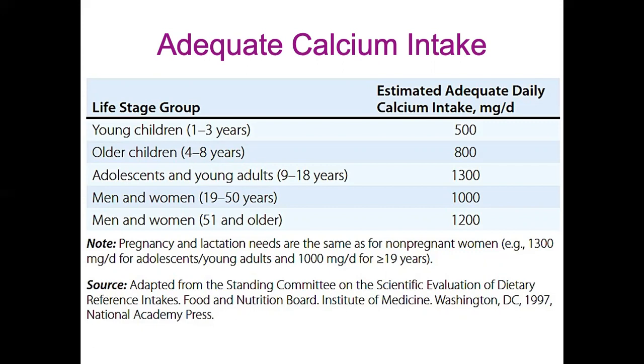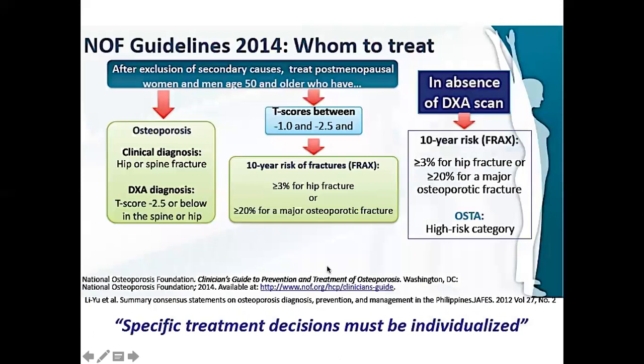So you need two tablets when you become 50 years old and above. But of course, you also have to take into consideration other sources of calcium, such as in your food or in your milk. Okay?